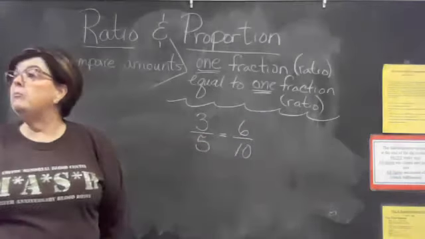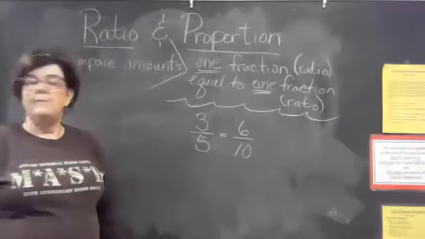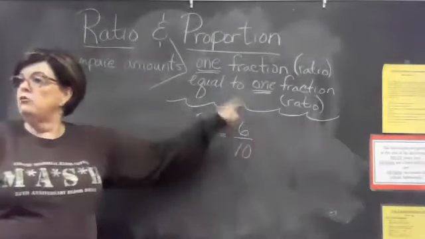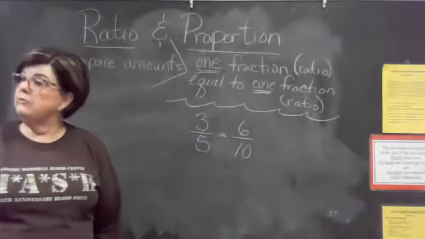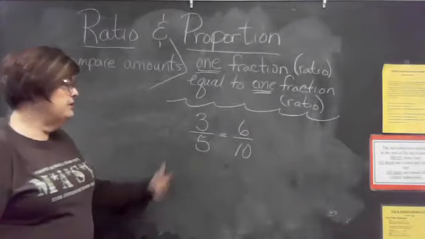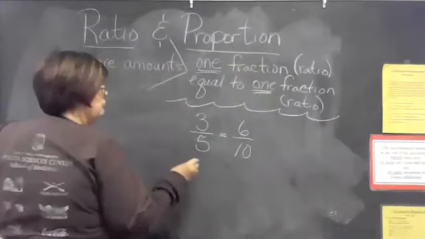Now, the cool thing about proportions, you guys agree that this is true, right? Because I took this times 2 and this times 2. Those fractions are equal to each other, right? Now, if this is a true proportion, which this is, then this will always be true.